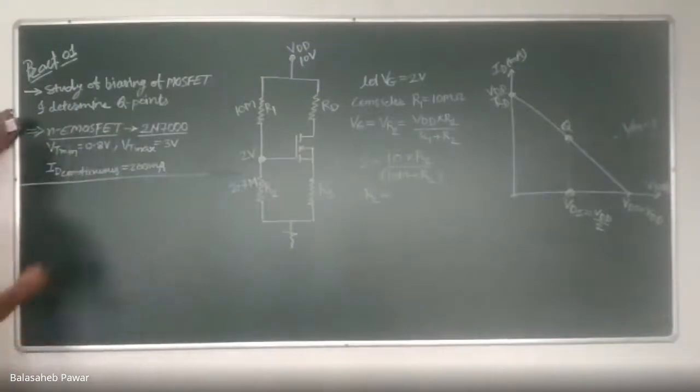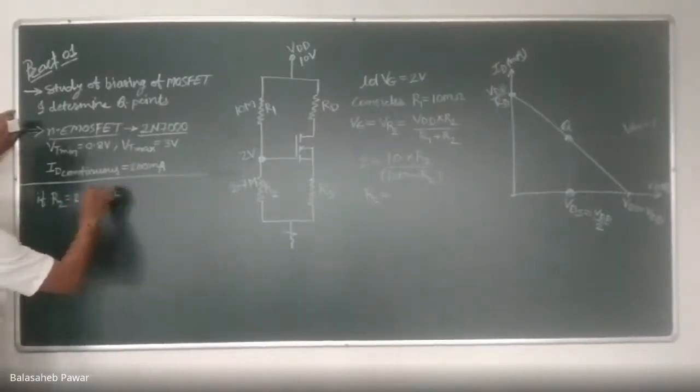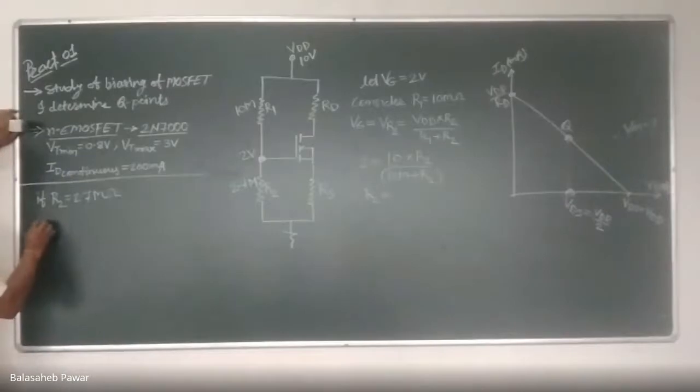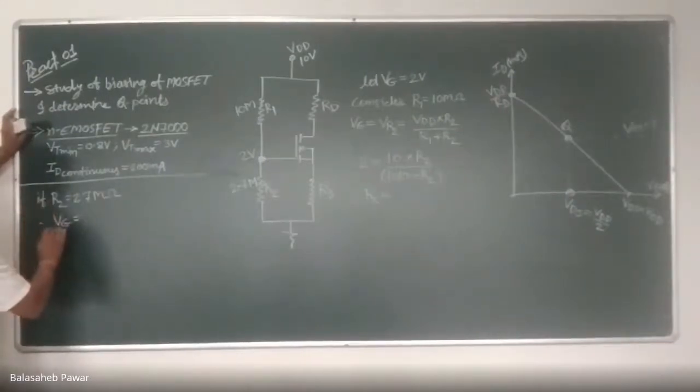Now see, note down, if R2 equals 2.7 mega, therefore the actual VG available will be, because R1 is fixed, it will not change now. It is taken as 10 mega, and VDD is also fixed at 10 volts. So this VG will be somewhat greater than 2 volts.